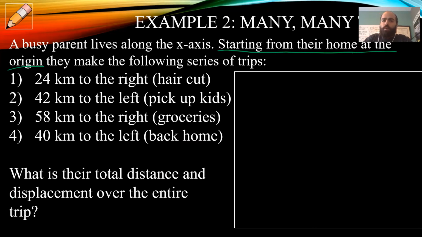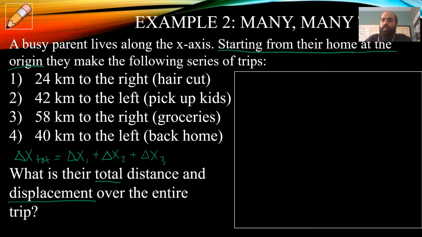So I want to do the displacement first, the total displacement. And the way to do the total displacement is to basically just add up all of the individual displacements, right? If I have 2, then I would add up 2.